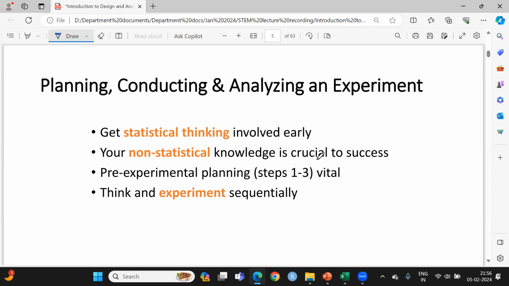Why is it so? Because if a person has only statistical knowledge, for example a person who is not aware of the domain in which he is working, then he just works with the numbers, and sometimes the conclusions we get at the final stage are meaningless.